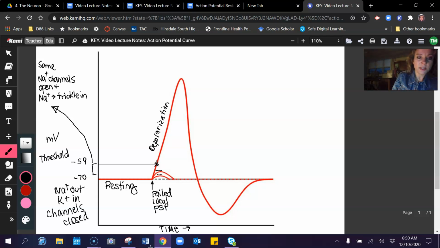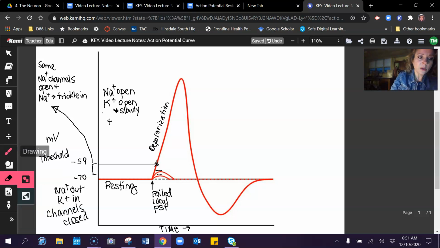During depolarization, we have sodium channels open. And I should say that our potassium channels are open too, but they are opening very slowly. So we have sodium ions. Oops, that's a potassium ion.